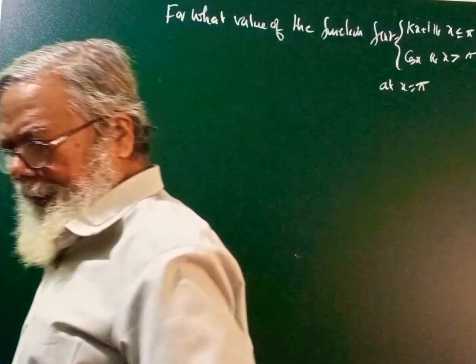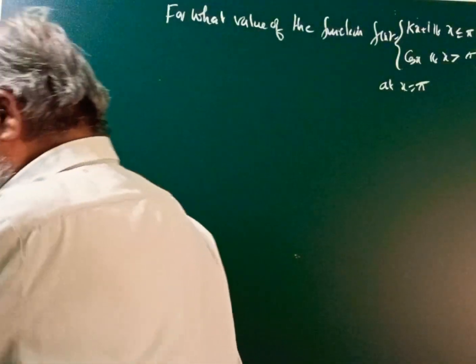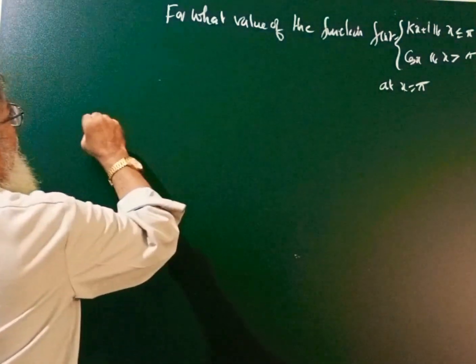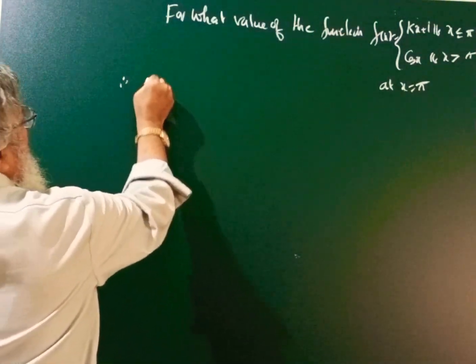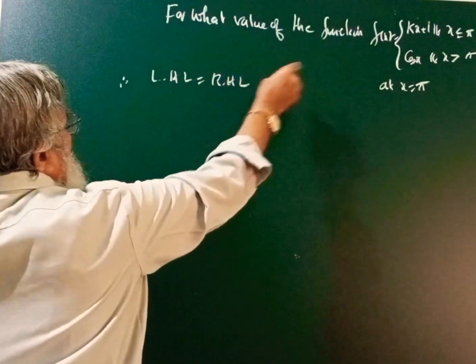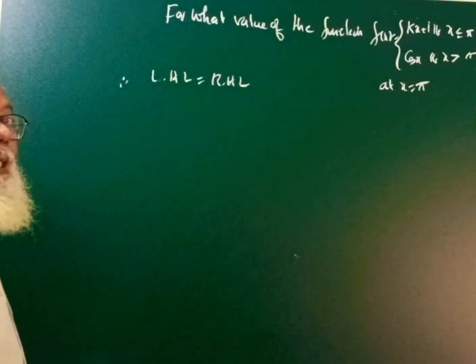Now again, there is no question of being continuous or not, it is already given to be continuous. So therefore we can write left hand limit is equal to right hand limit, because in the given problem less than and greater than is given.